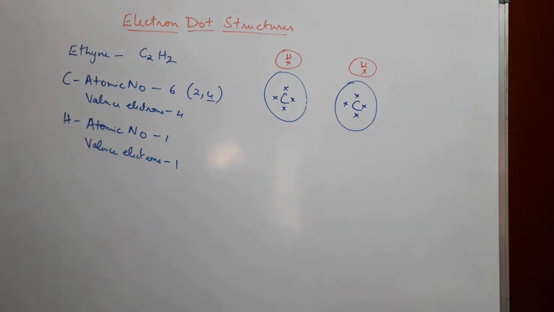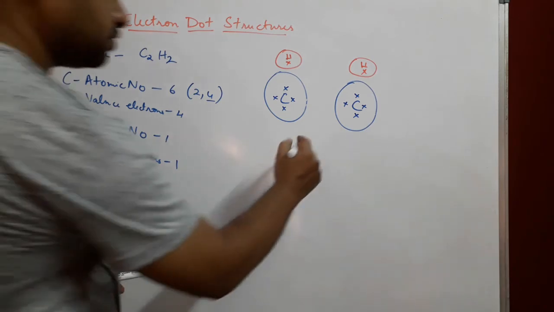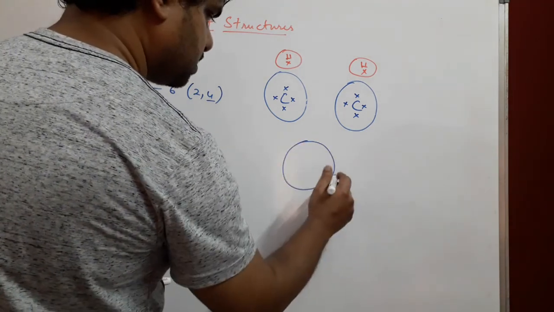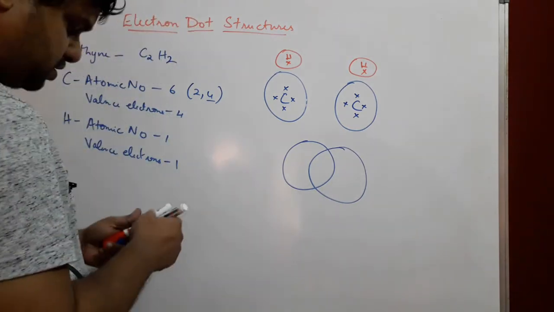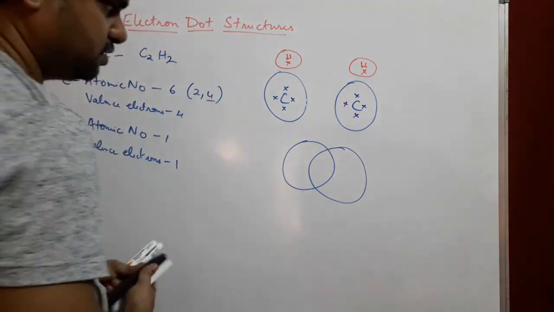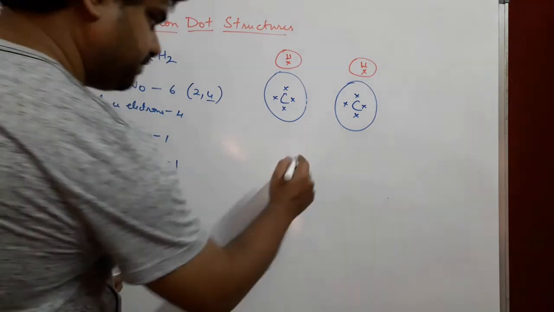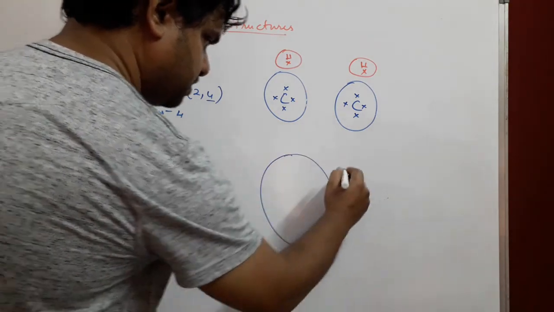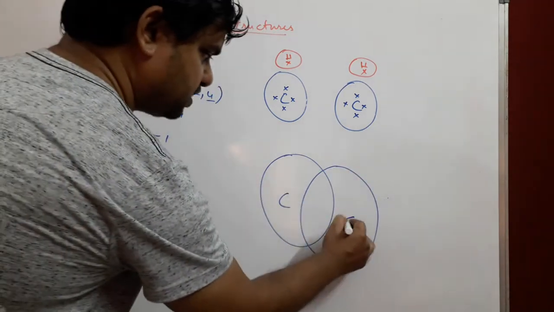So now how do we form covalent bonds in this case? We have a carbon atom and another carbon atom. So I'll draw it slightly bigger to show the bond formation. It will be easier. We have 1 and we have 2. We'll take this as carbon.